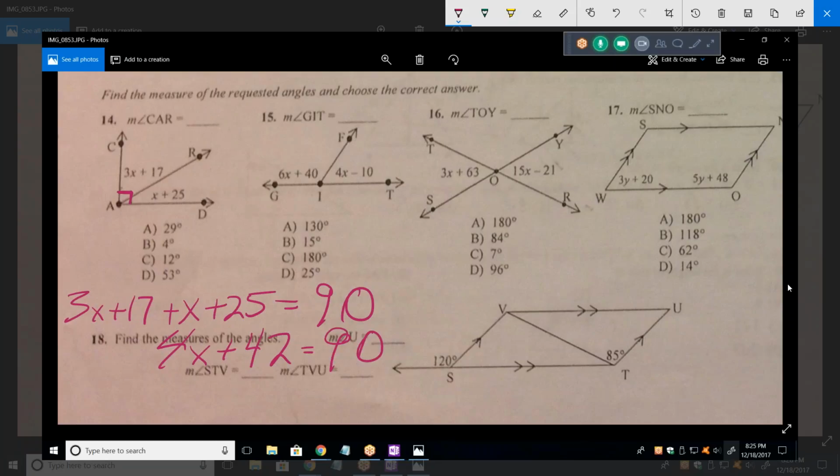Okay, next one. Okay. And they want angle CAR. What's angle CAR?